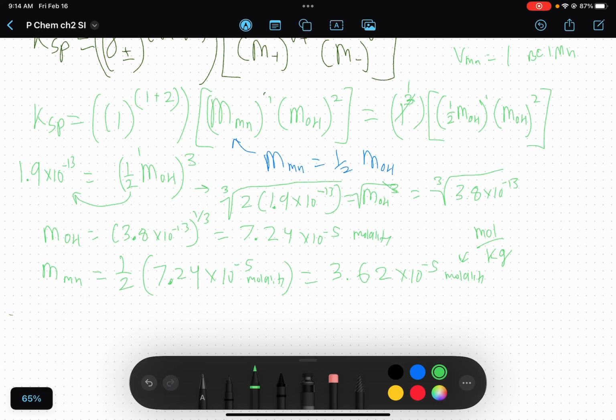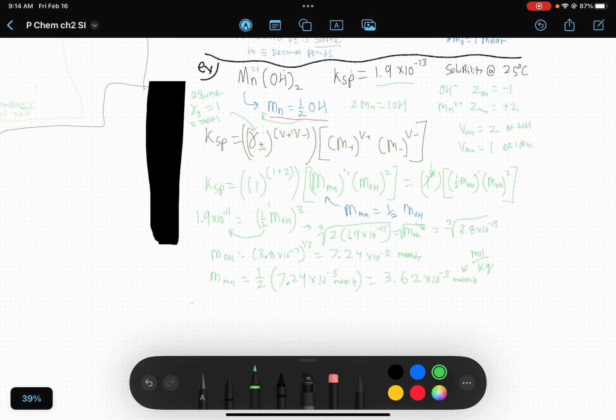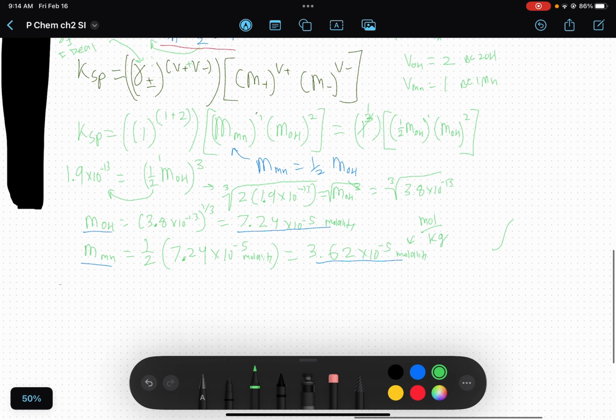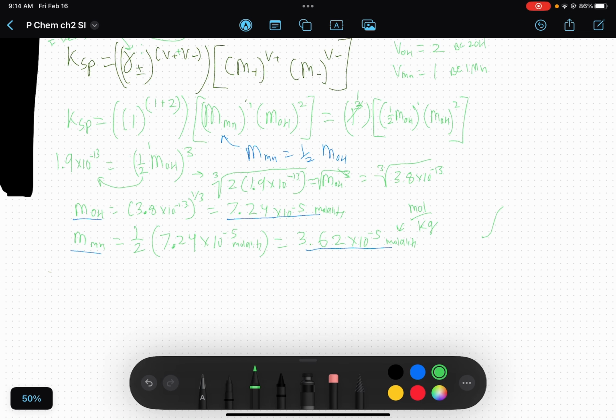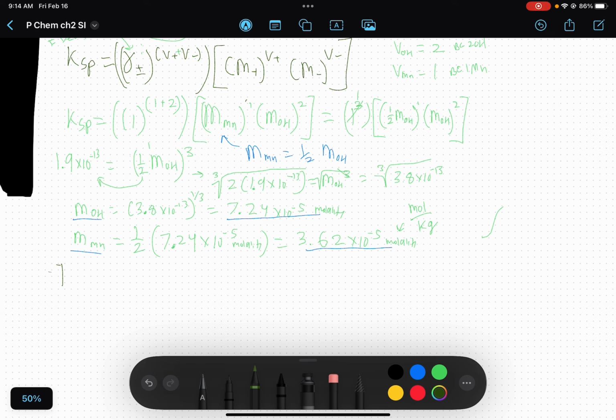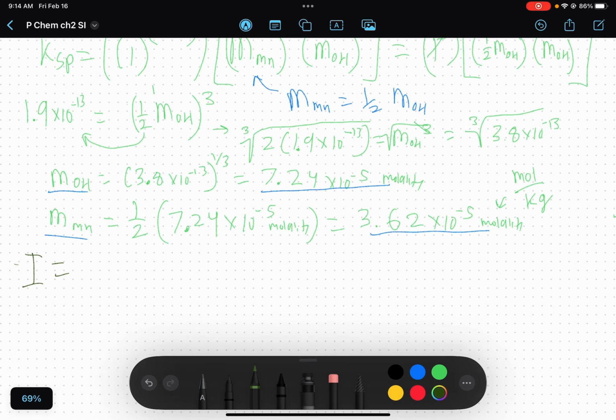Cool. So now that we have M_OH and Mn, we can go on and calculate the ionic strength. Ionic strength is equal to 1/2, that is a bad 2, sum of Mi zi squared.